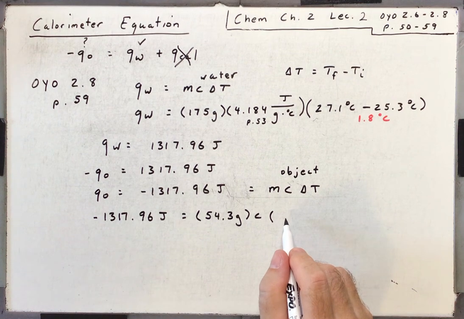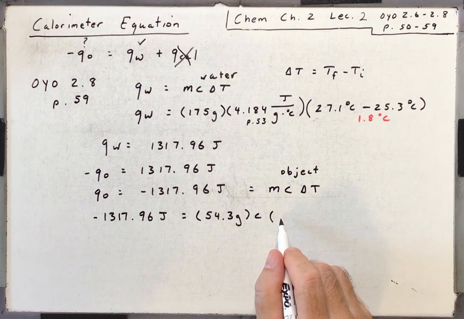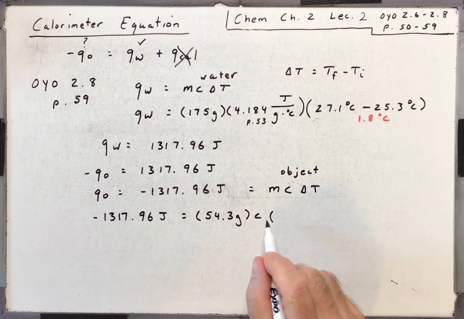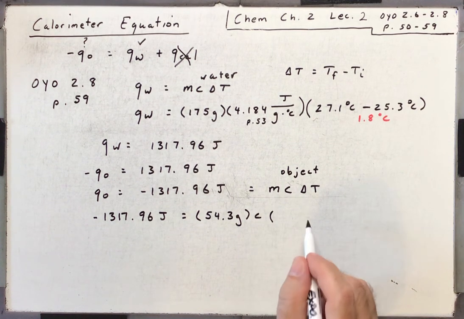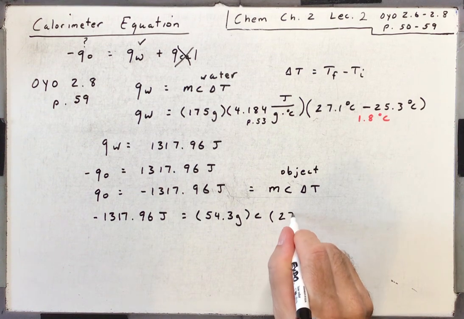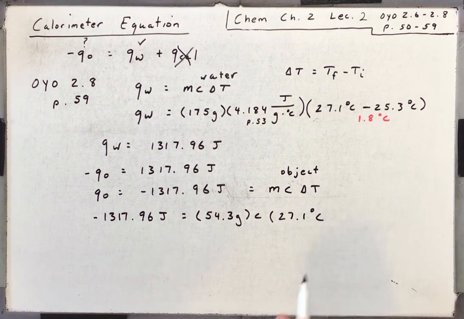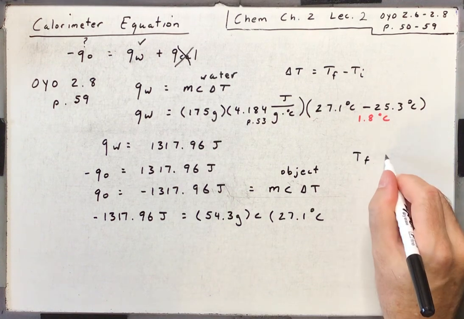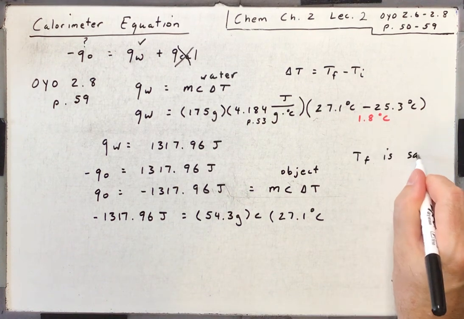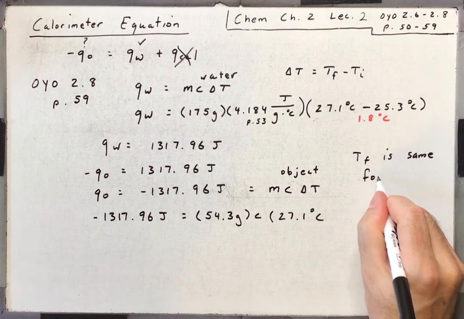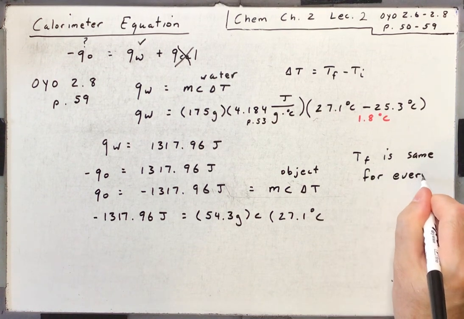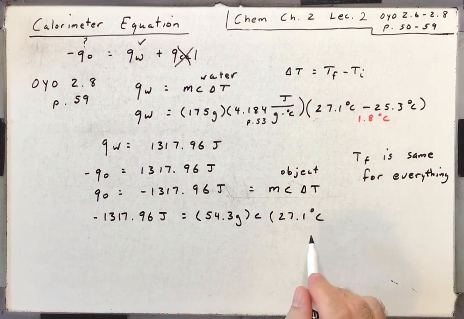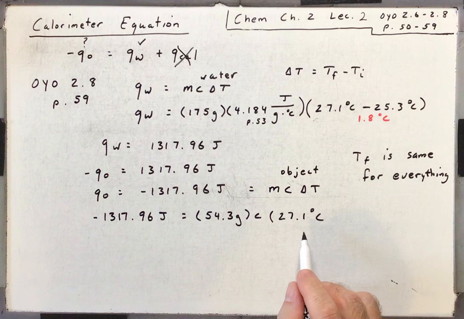The final temperature of the water and the object and everything, the final temperature of the water is 27.1 degrees. It's the same for the water, the object, and the calorimeter.